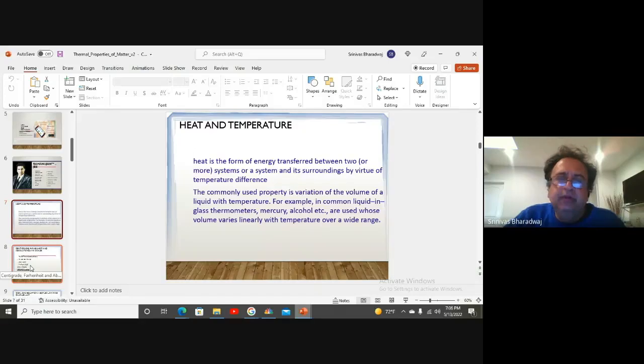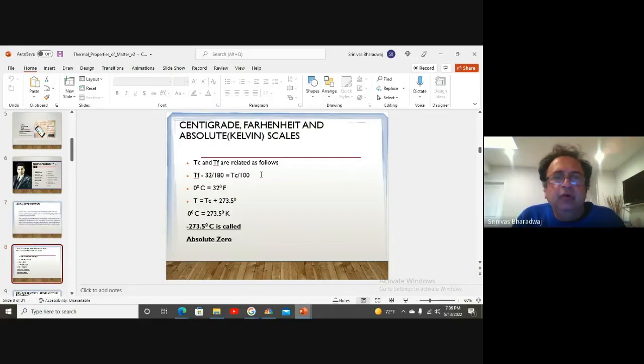So in common use, you have liquid in glass thermometers, right? Now when you do these conversions, temperature conversion should be very simple for you. Tf minus 32, times 5 by 9 will give you Tc. Tf is Fahrenheit.